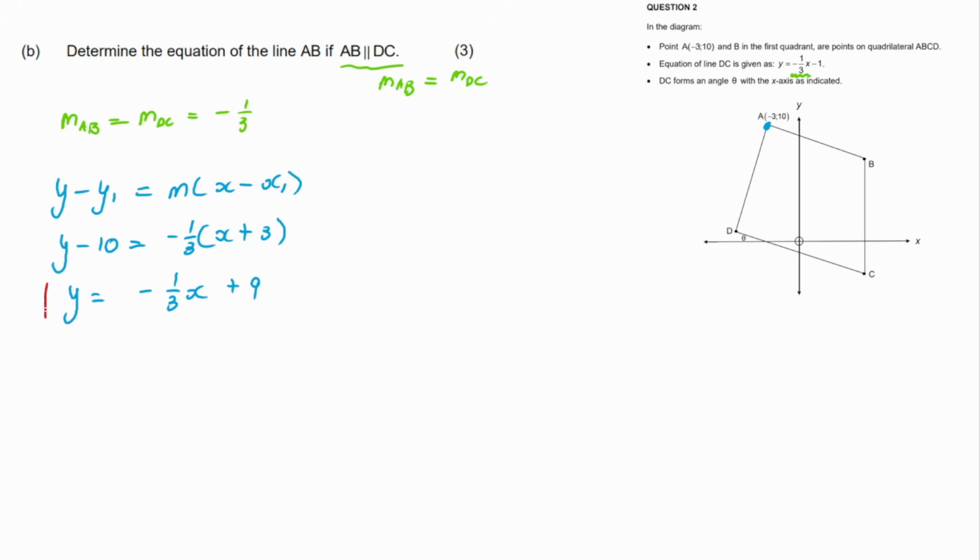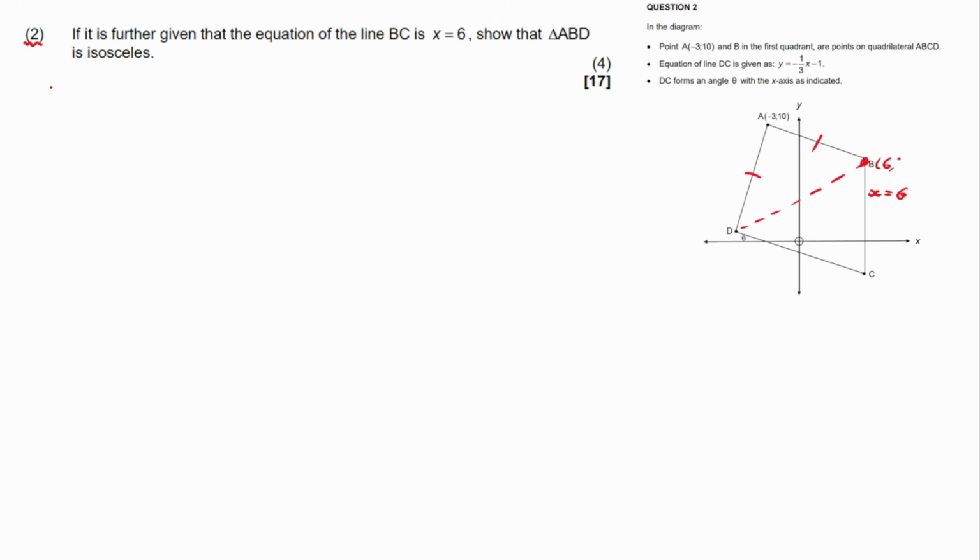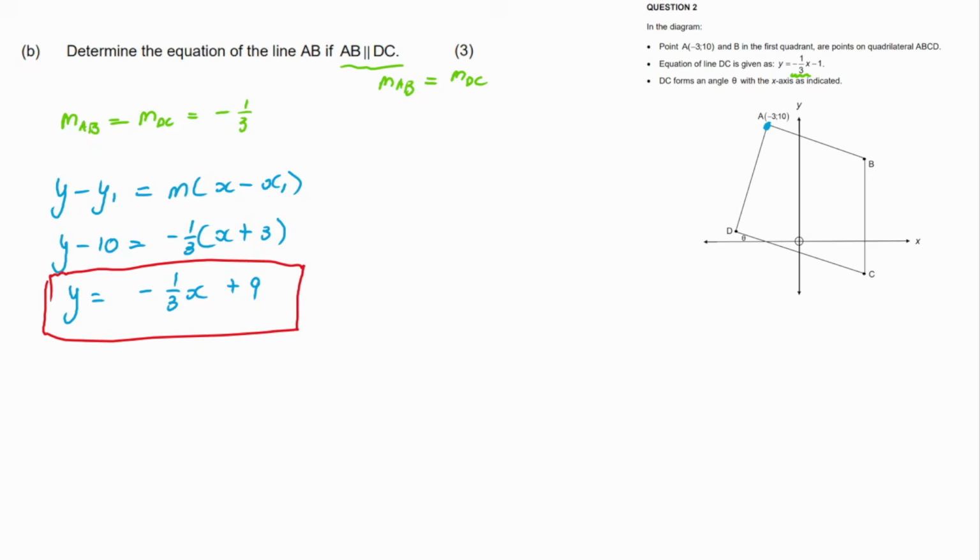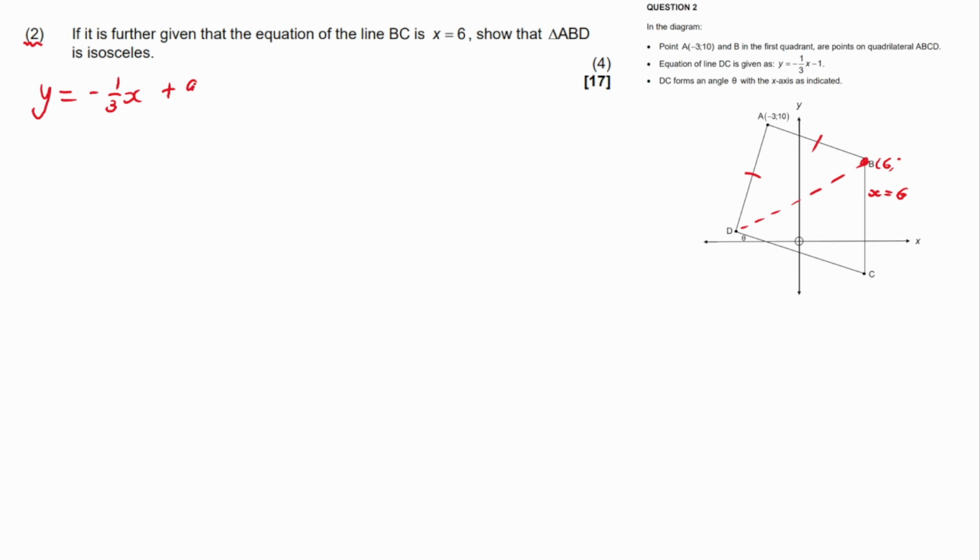So let's write that in, we're going to need it. We have y is equal to negative 1 over 3x, let me double check, plus 9. So this is the equation for line AB, and we know the x value.